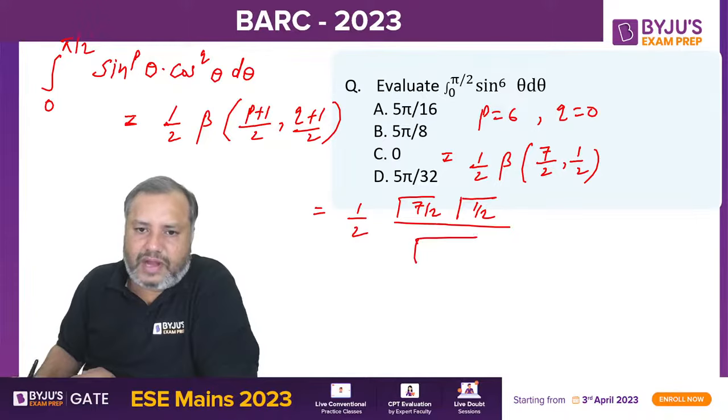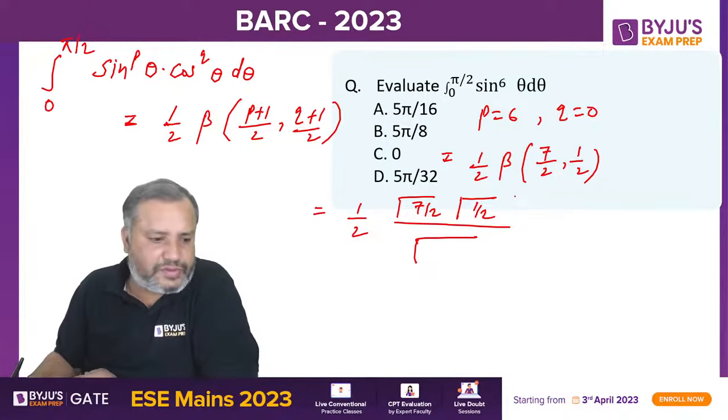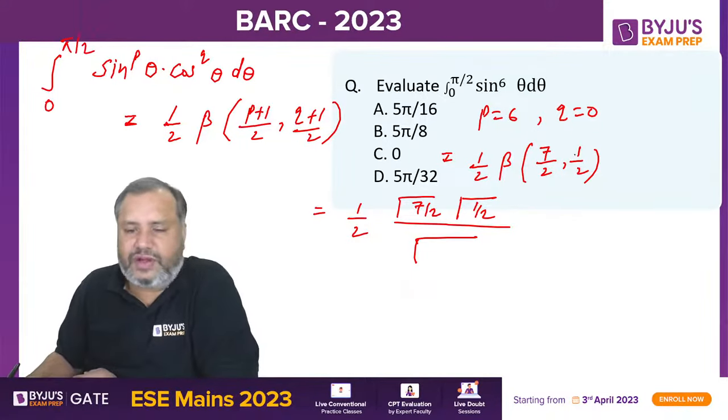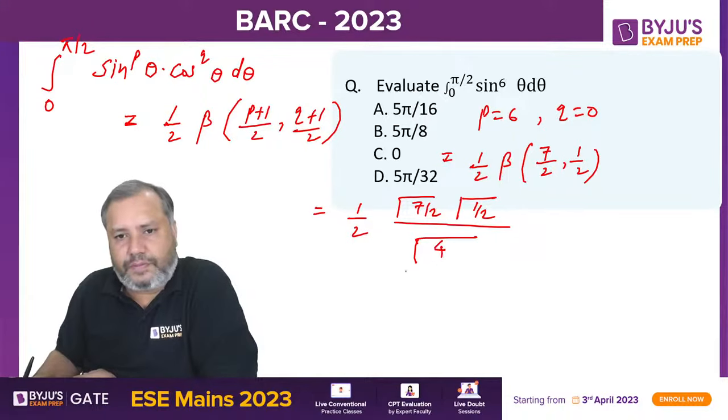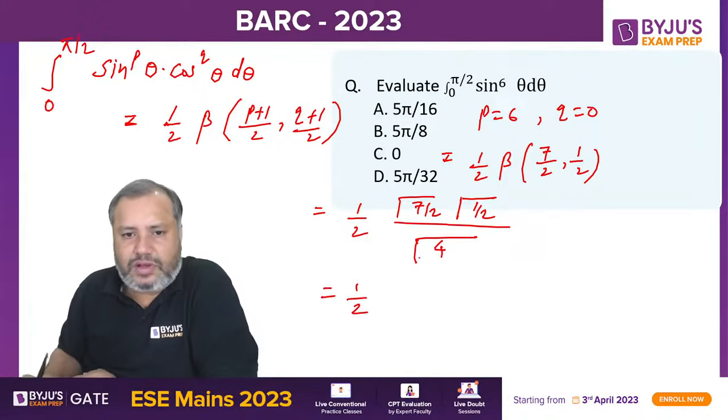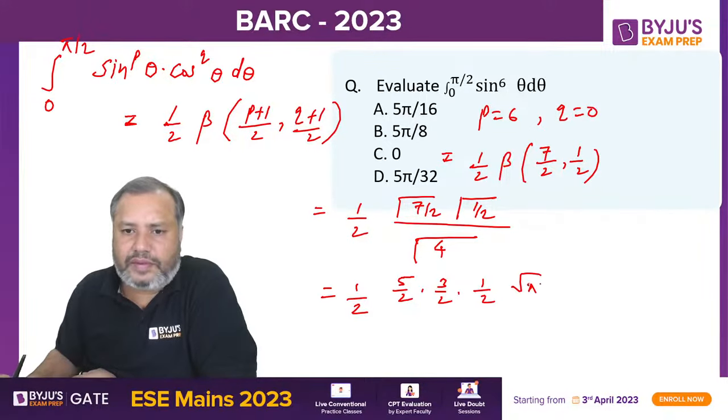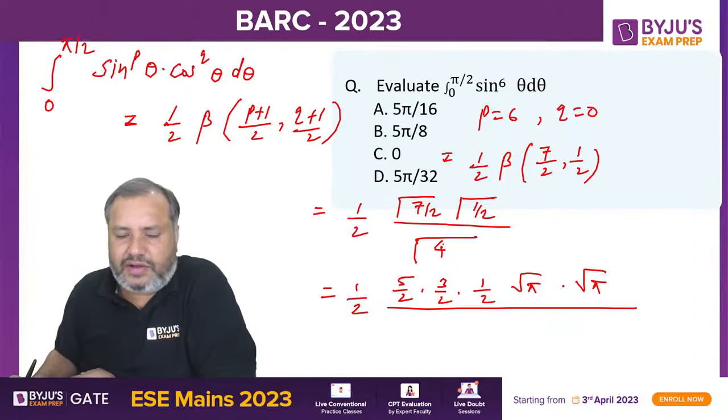Gamma 1 by 2 and add this. So 7 by 2 plus 1 by 2, 8 by 2, that is 4. So 1 by 2 gamma 7 by 2, which is 5 by 2 times 3 by 2 times 1 by 2 root pi, and gamma 1 by 2 is root pi. In divide, gamma 4 is factorial 3, that is 6.